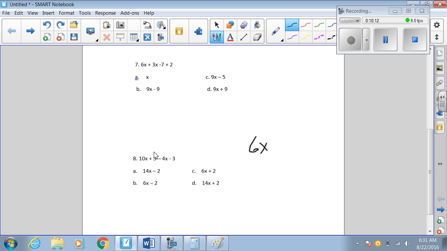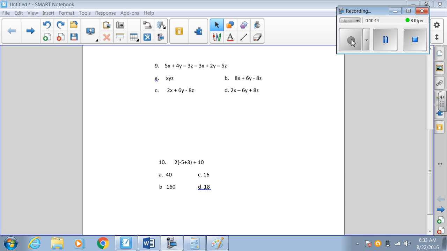We have 5 minus 3, and I think all of us already know that's 2. Since 5 is the bigger number, we keep the sign, which is positive. So it's 6x plus 2. If we look for this again, there's only one spot, and once again, C is our answer.